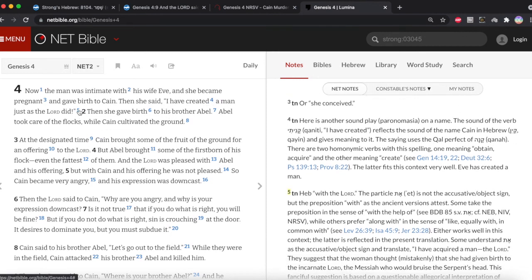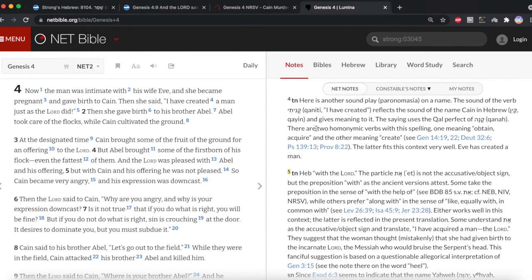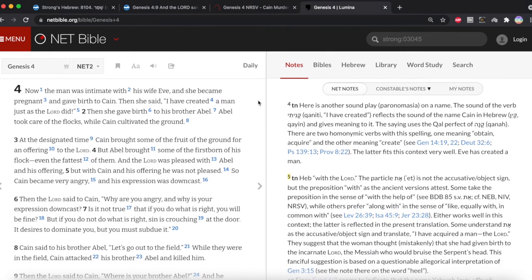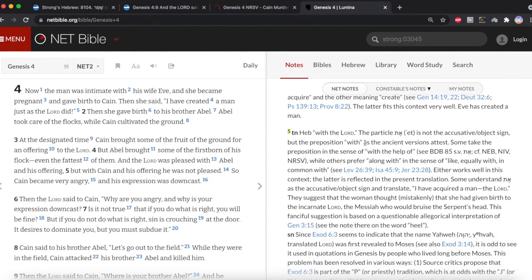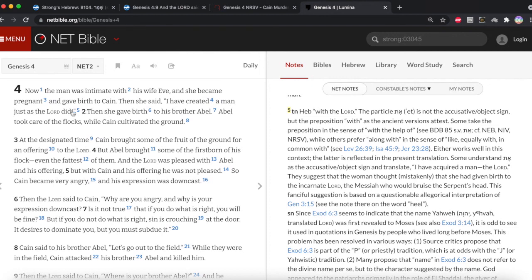Here, verse 5, the footnotes explain why she names him Cain, because if you don't have a footnote, it's confusing. It explains in more detail than Bible Hub did the wordplay on the sound of the verb, and then that she says, just as the Lord did in Hebrew, with the Lord.